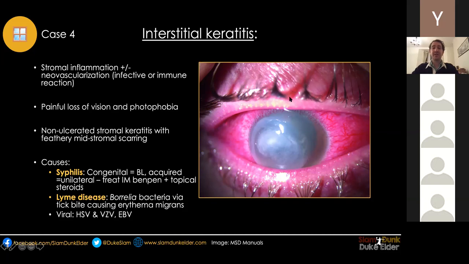This is in the center layer of the cornea. And yeah, we'd treat syphilis with benpen and topical steroids. Okay, but this is not necessarily relevant to infection because lots of other things can cause this.